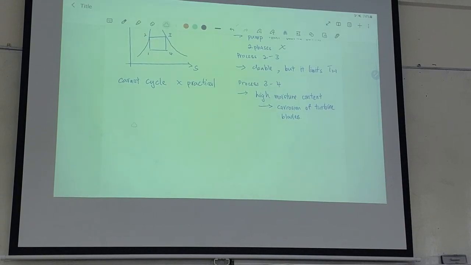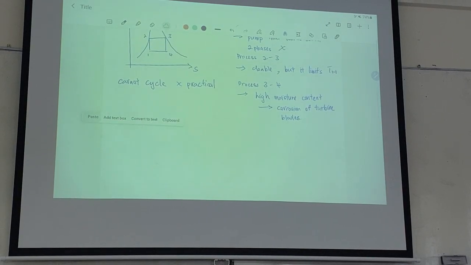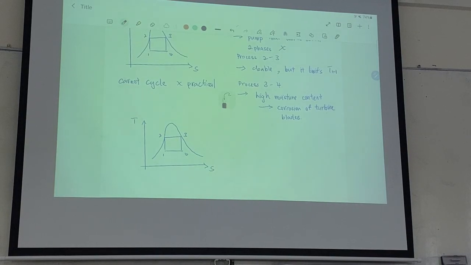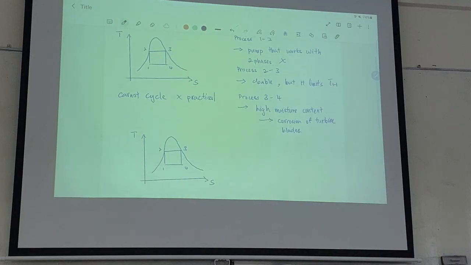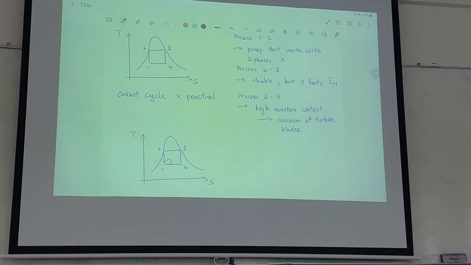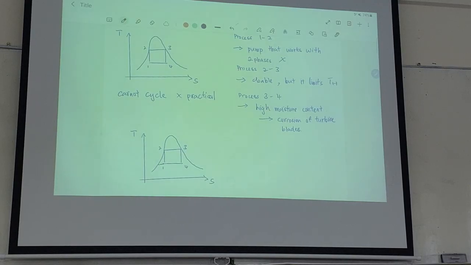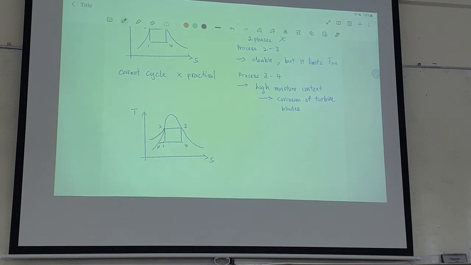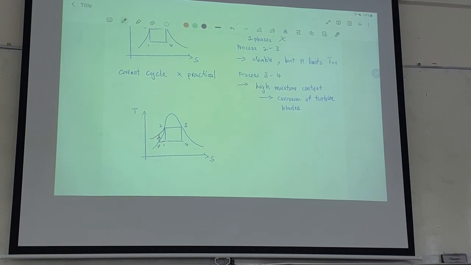So in order to make this thing practical, what we do is basically we try to solve all these issues, the 1, 2, 3 that we mentioned. So for 1, we move this all the way to the left, so that we move 1 to 1 prime, so that now we don't have the issue of dealing with 2 phases.